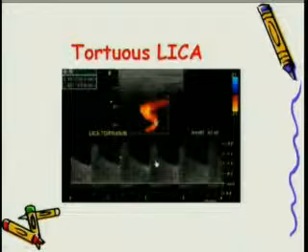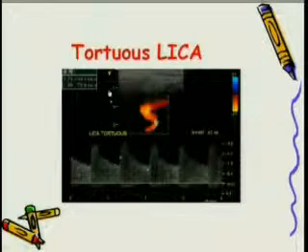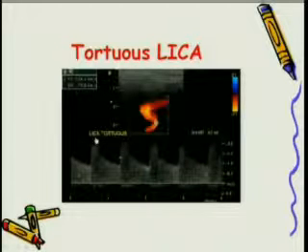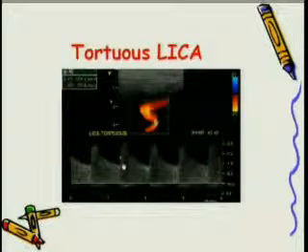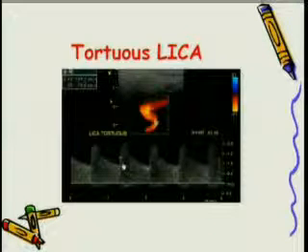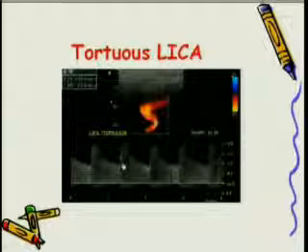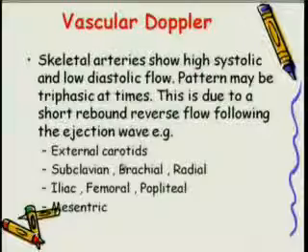If you look at the velocity for these tortuous vessels, the systolic velocity is usually on a higher side, but normally the diastolic velocity does not appropriately tell you that there is a significant lesion in these kinds of things.